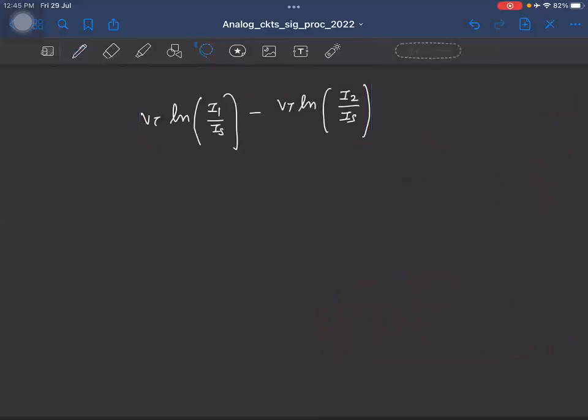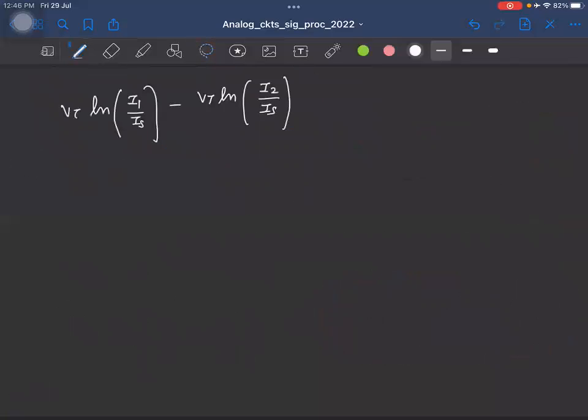How do we generate this voltage? Now we have two voltages and we have to take the difference. How do I generate the first term here? We need to pass a current I1 through a diode. So I'll pass the current I1 through a diode.